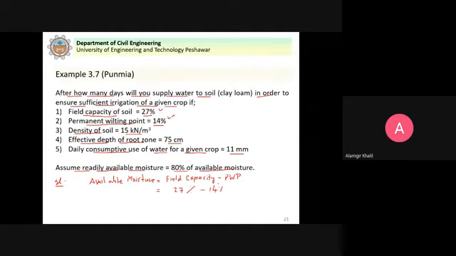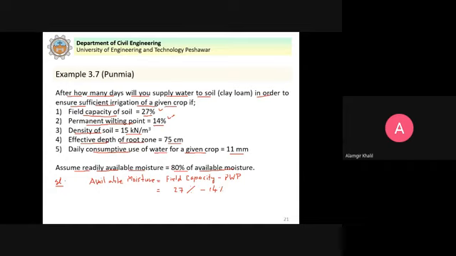Now you see that these are the moisture contents, and how these values come, as you already studied in your geotechnical engineering, is how you measure the moisture of the soil. The same concepts will apply here. Clear?